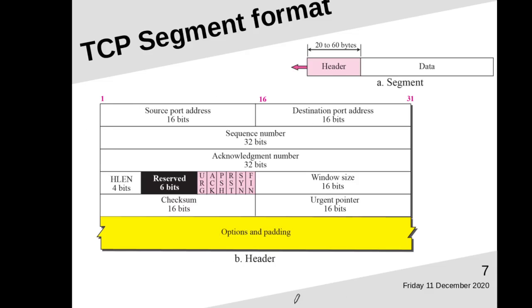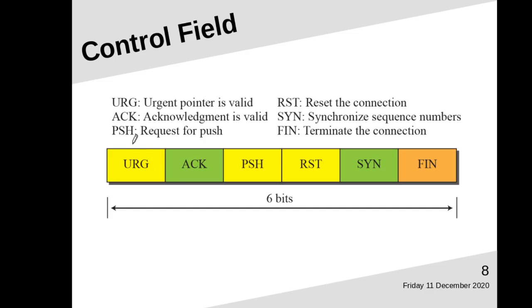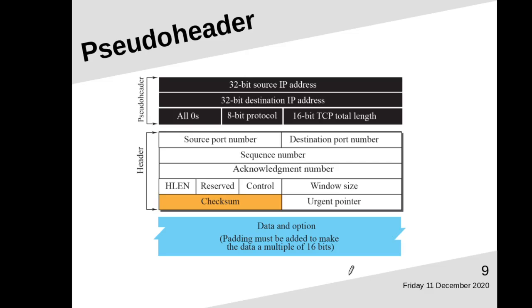This particular packet you can also use if at all pseudo headers are there. These are the control bits: urgent, acknowledgement, push, reset, sync, and finish. Now the other thing is pseudo header.